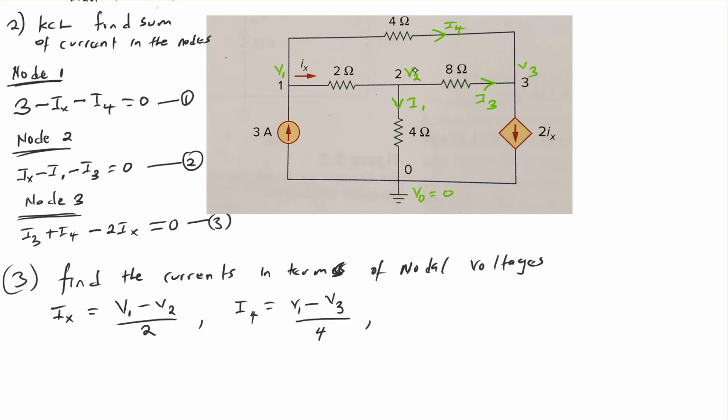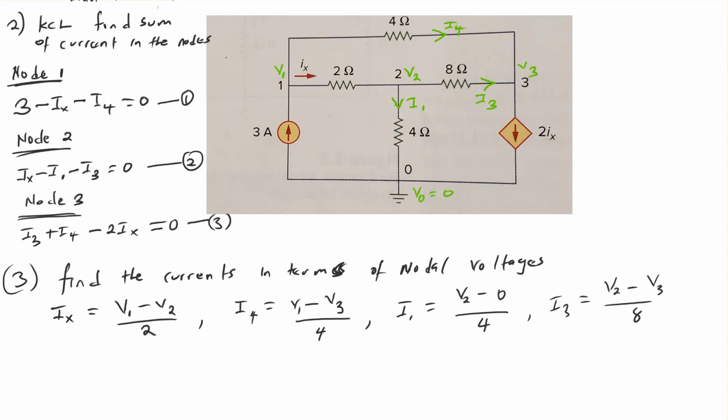I1 is flowing from 2 to 0, higher potential to lower. So I1 is V2 minus V0, which is 0, over the resistance here. And there's one left, I3. And I3 is V2 minus V3 over 8.